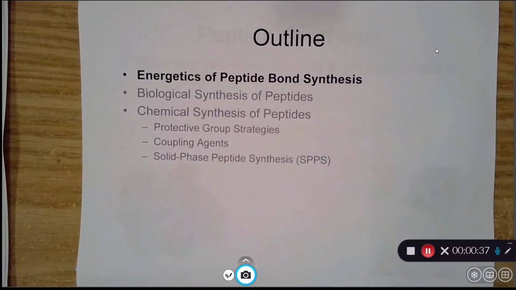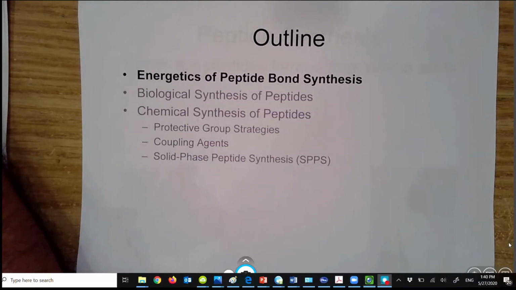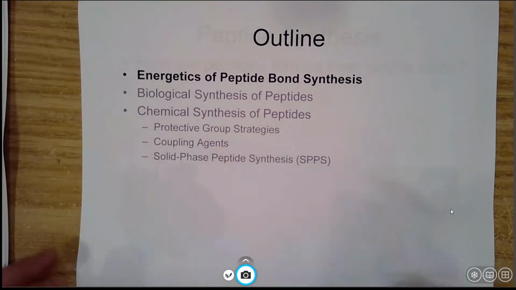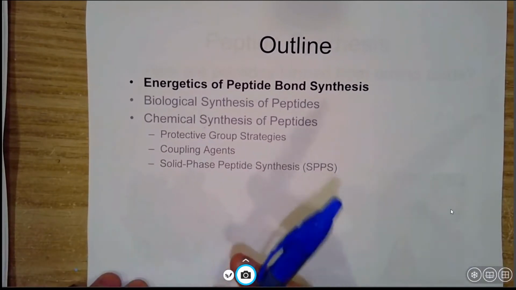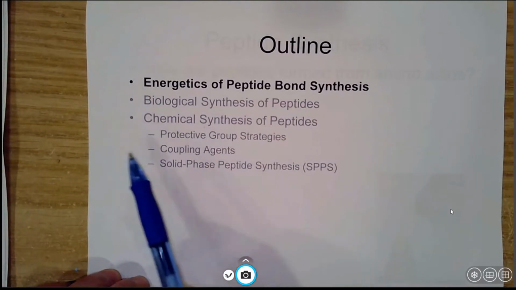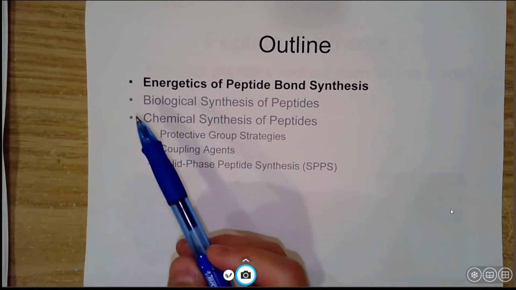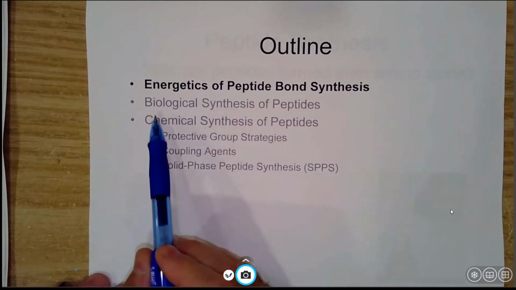Like we've done with the previous section, we are going to divide this up into three sections, and here's the outline. Before we start making peptides, we're going to talk about the energetics of peptide bond synthesis.